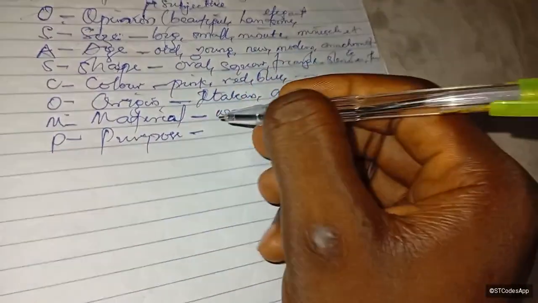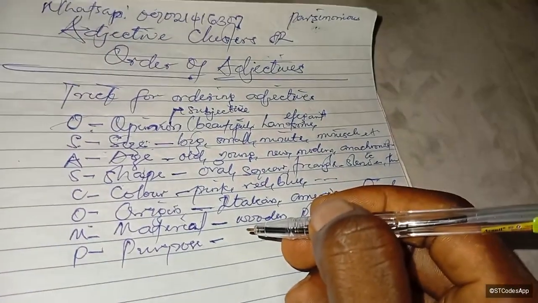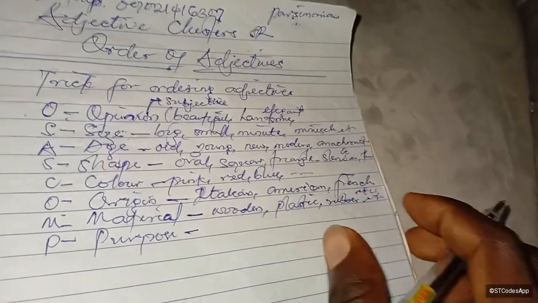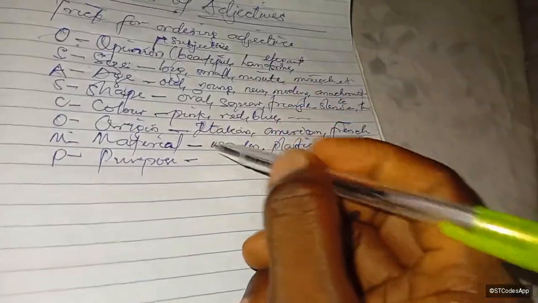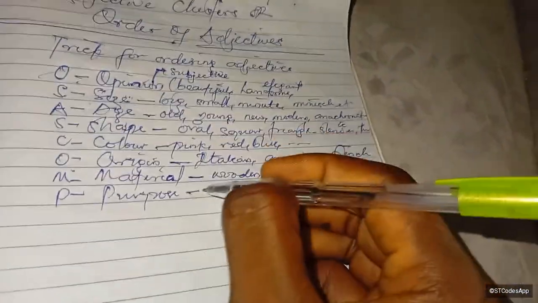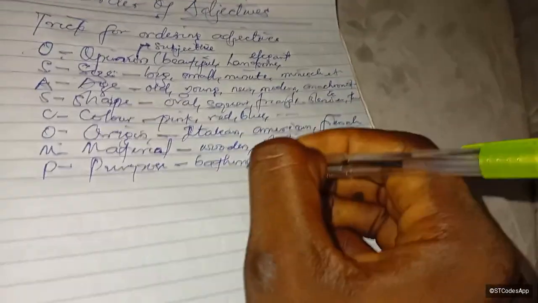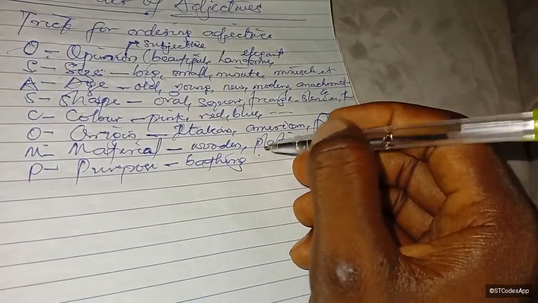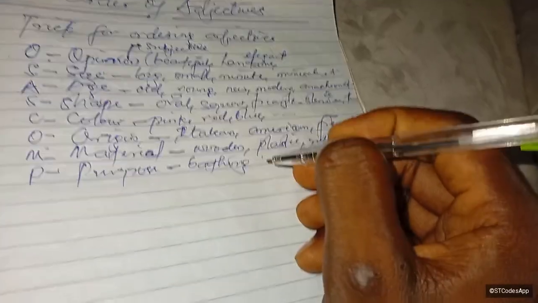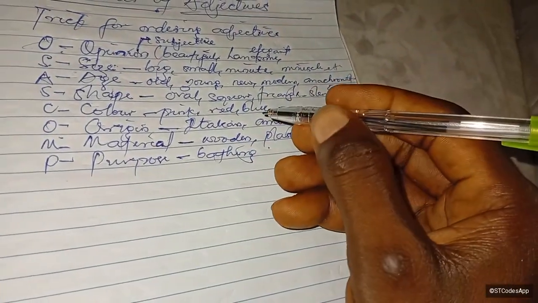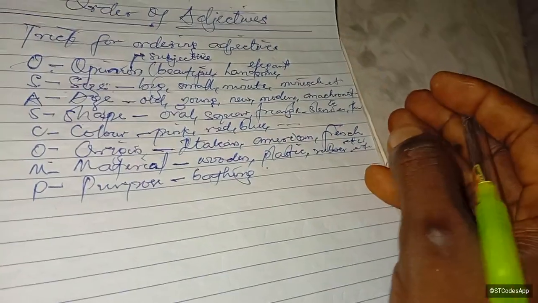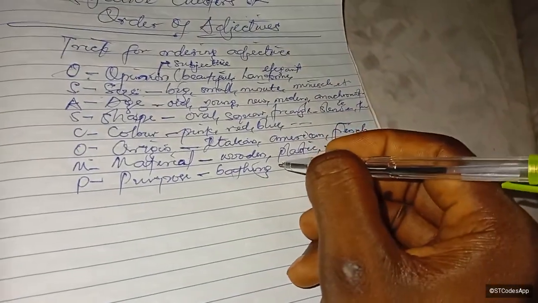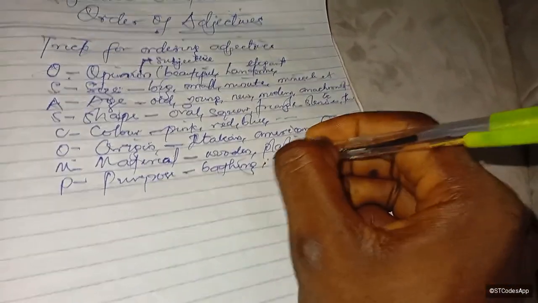Then we have purpose. Purpose is sometimes difficult for students to understand. The purpose of something is what that thing serves. For example, my swimming trunk.